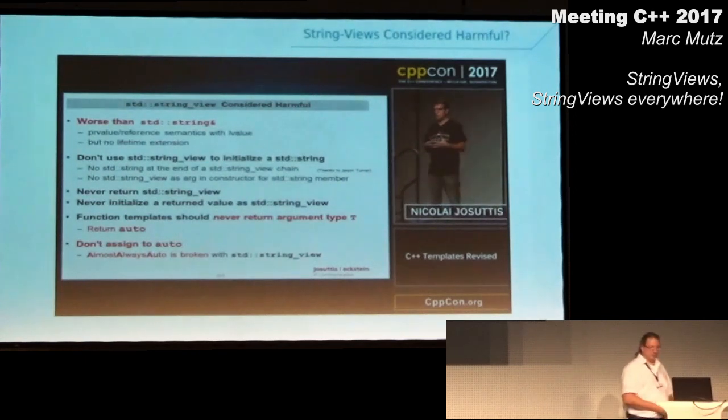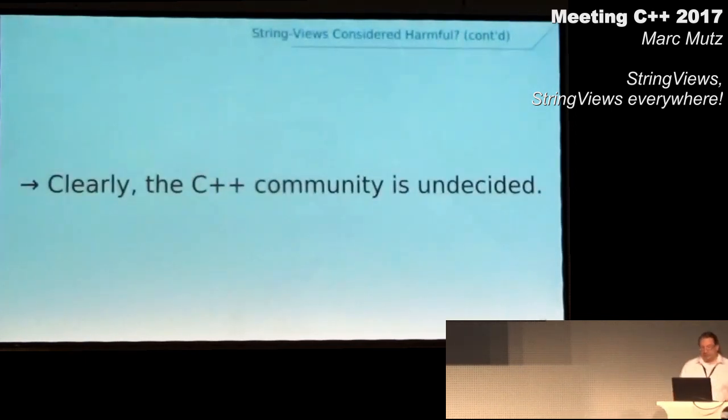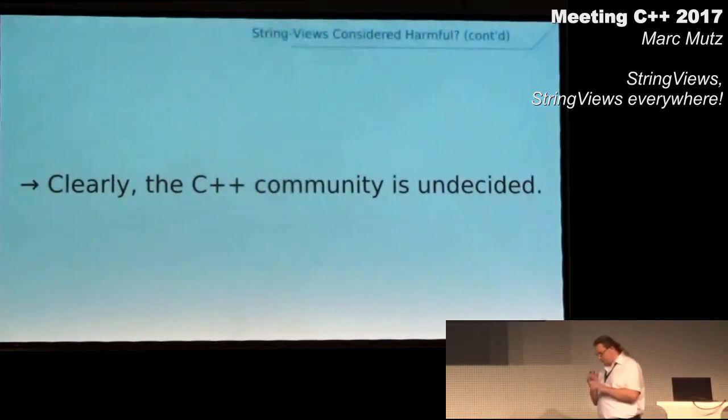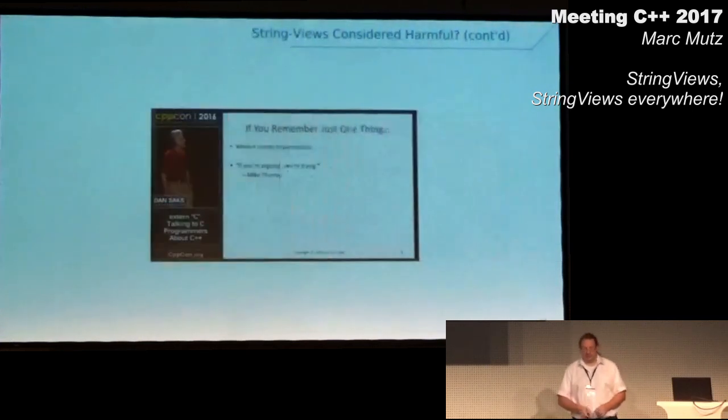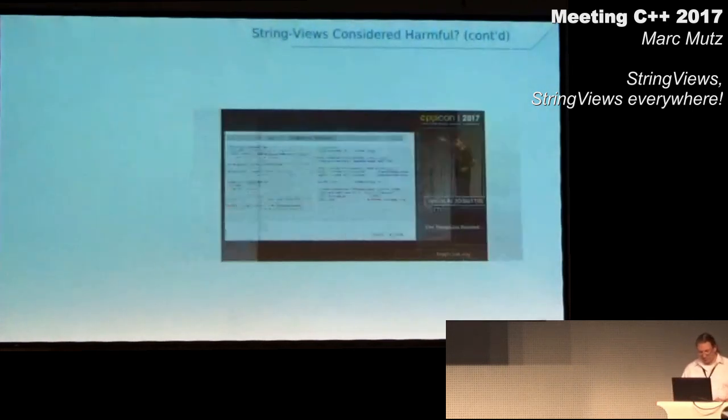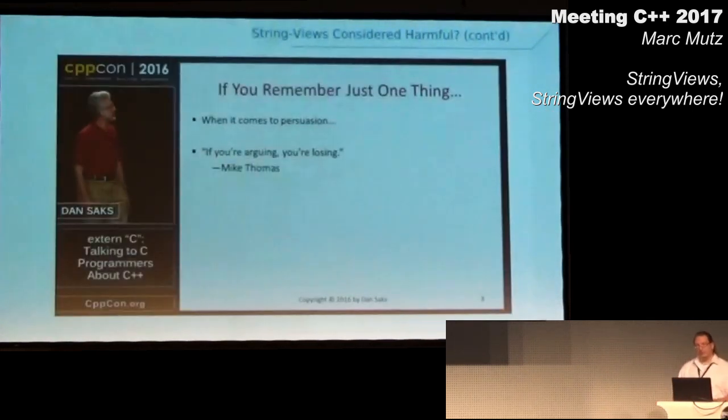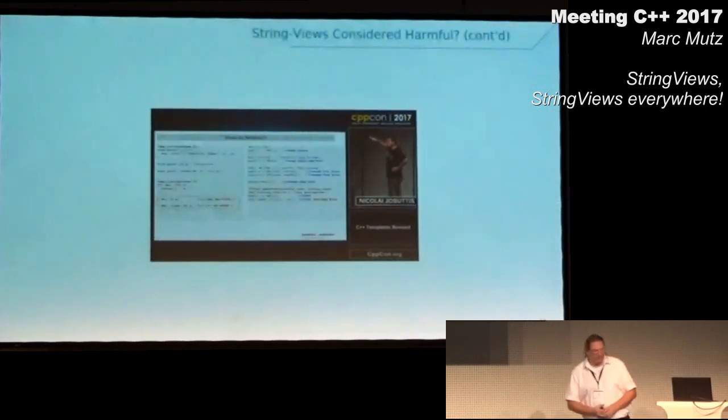Okay. Clearly, the C++ community is undecided on this. And I could go on and rant about this because I like StringViews and he doesn't, but in another keynote, we have learned that if you argue, you're losing. So I'm not arguing. Let's look at what his use case actually is.